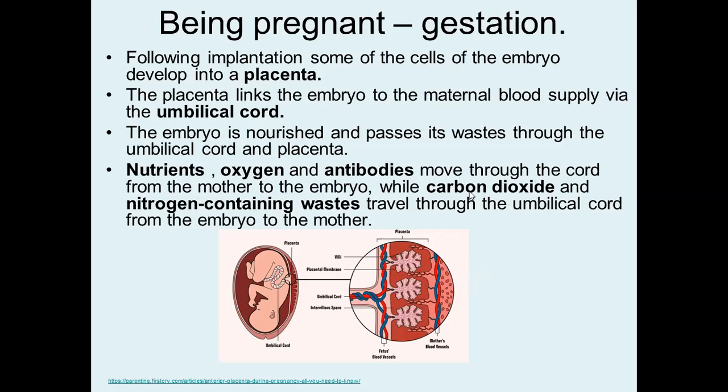So when she breathes out carbon dioxide in the air, then some of that carbon dioxide actually came from the baby. When she urinates nitrogenous waste substances, some of those nitrogenous waste substances actually come from the embryo.